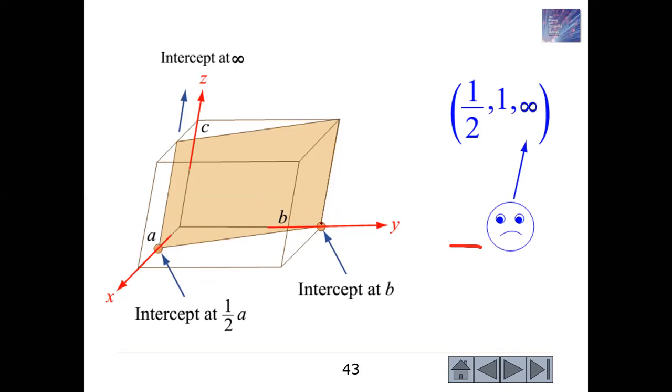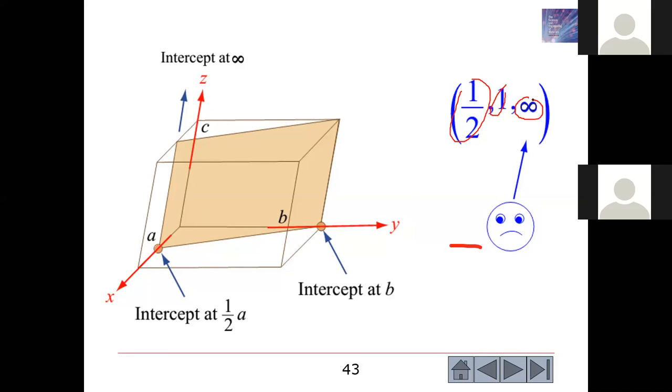And this plane is intersecting the y-axis at 1, right? Clear? And it is parallel to the z-axis. So the coordinate points of the intercept of this plane in this unit cell are, on the x-axis it is half, right? On the y-axis it is 1, and because it's parallel to the z-axis, it's infinity, right?